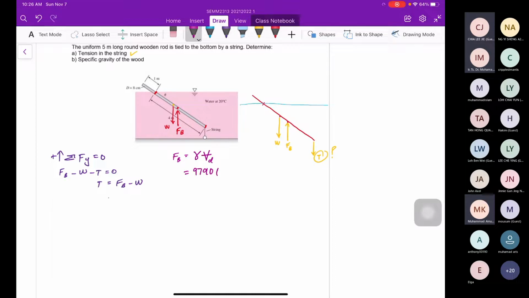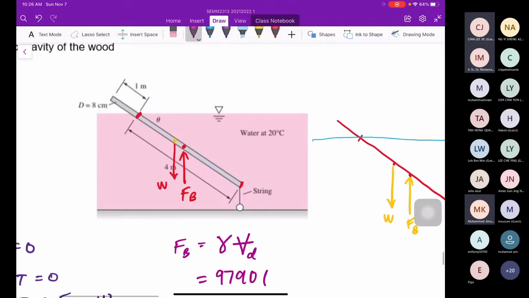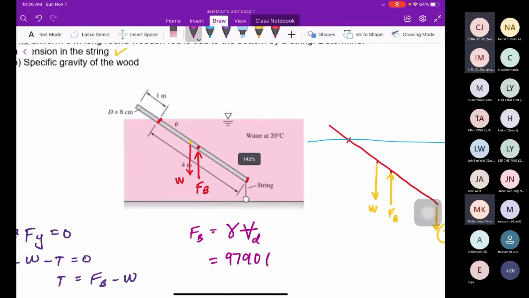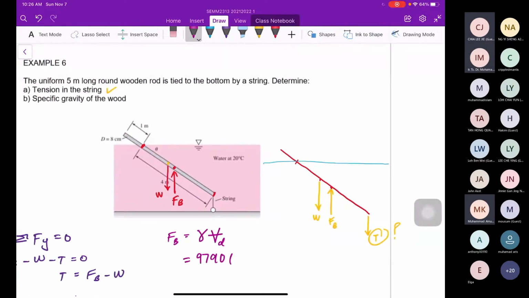And then multiply with the displaced volume. The displaced volume of the rod. Where is the displaced one? Is it 5 meter or 4 meter displaced? 4 meter. Okay, so this is the cylinder. The shape of the rod is cylinder.